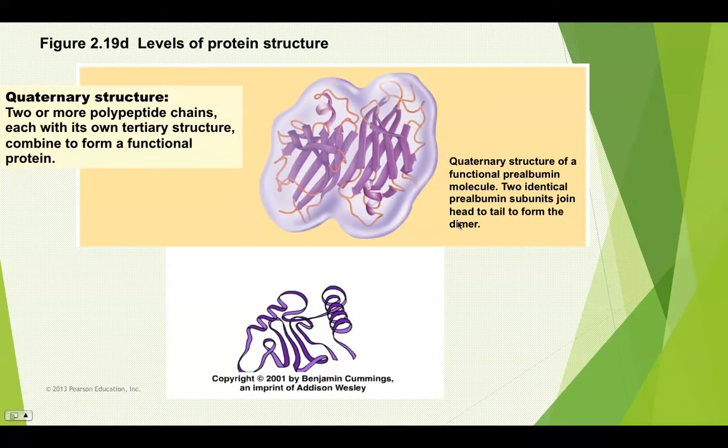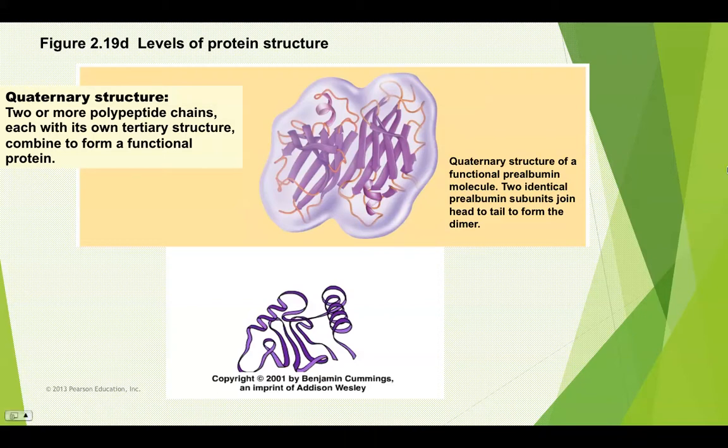The quaternary structure means the fourth level. This is when two or more polypeptide chains, each with its own tertiary structure, combine to form a functional protein. So let's just say we had the slinky example. You have two slinkies, and they are in their typical spiral or helical shape. Each one gets folded up on itself, and then they get twisted together.